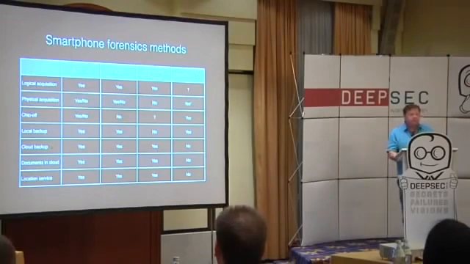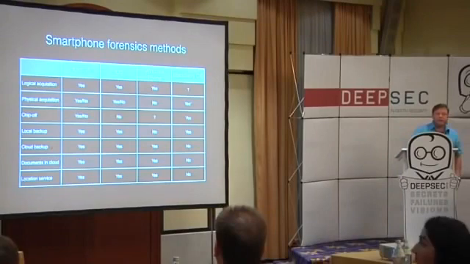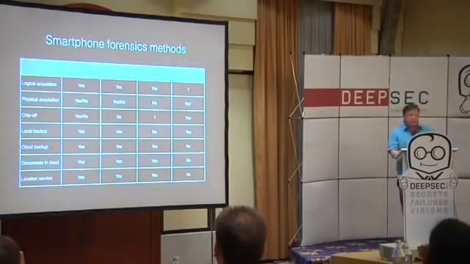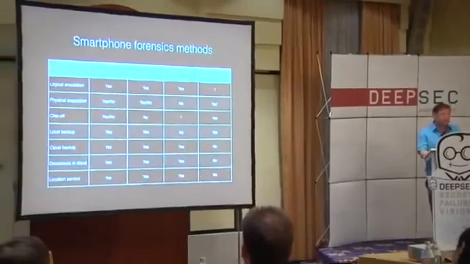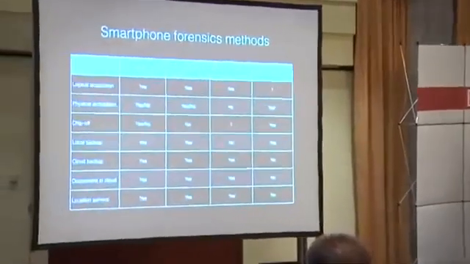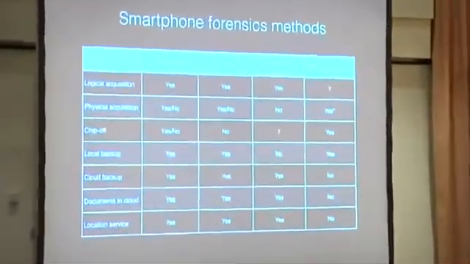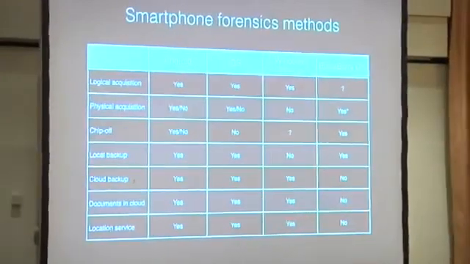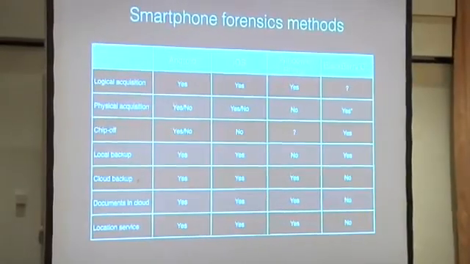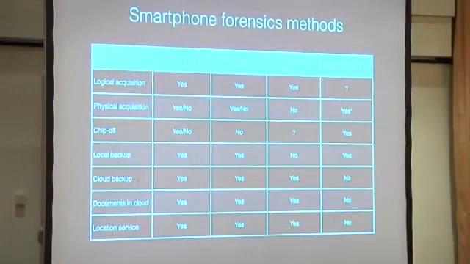There are different methods to get the data out of the smartphones, based on the operating system used there. There is a logical acquisition, which is the simplest and fastest method, and which gets most of the information out of the device. There is also a physical acquisition, which is much harder to perform and sometimes requires special hardware.